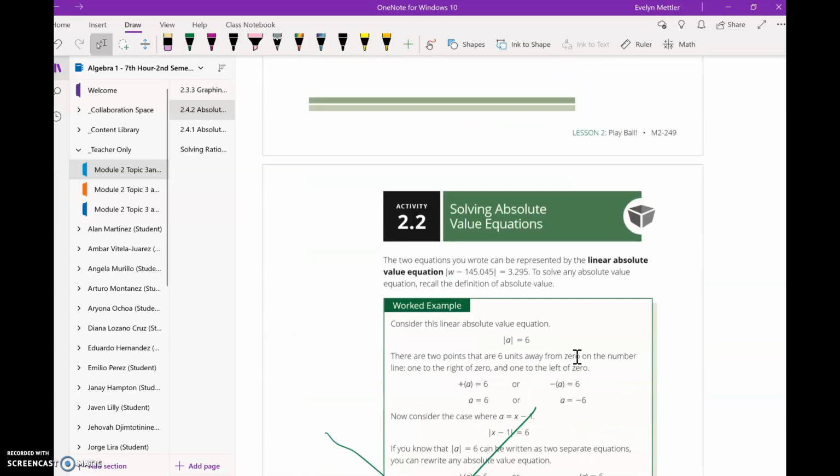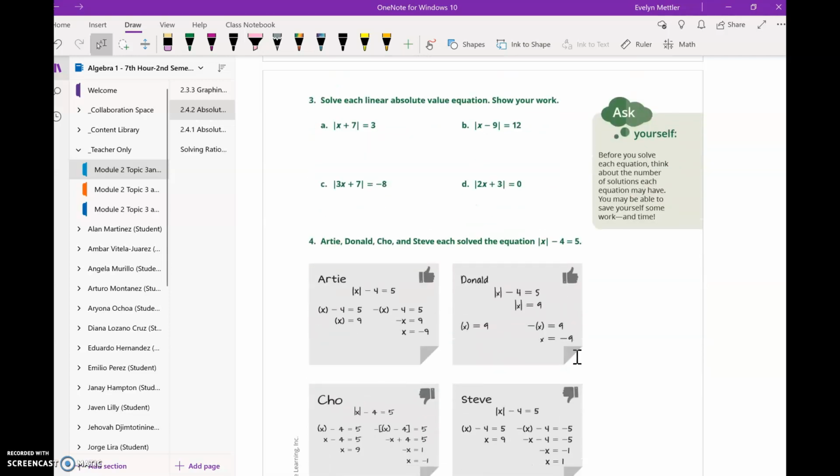So what we're going to look at today is actually solving absolute value equations. Okay? So when we solve an absolute value equation, basically we need to make sure that we're thinking about the distance. So what I'm saying right here is that some number plus 7 is 3 away from 0.